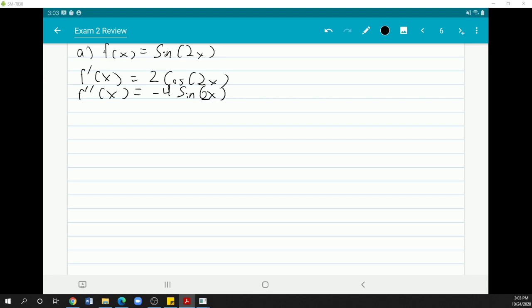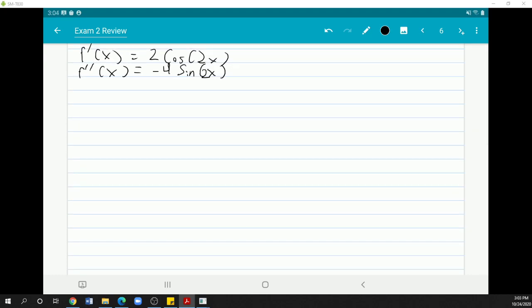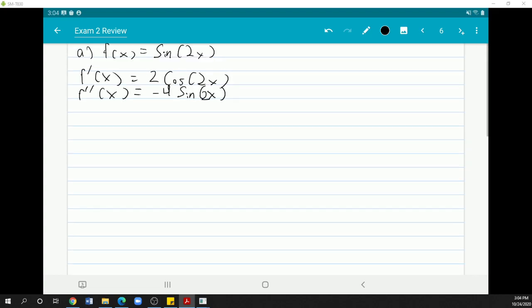You can take the first derivative, find everything first, do the second derivative, find everything second. I kind of like taking both derivatives at the same time. So now for f prime of x, I can do a sign chart. But first I need to see where this is 0. So our initial interval is minus pi over 3 to 2 pi over 3.